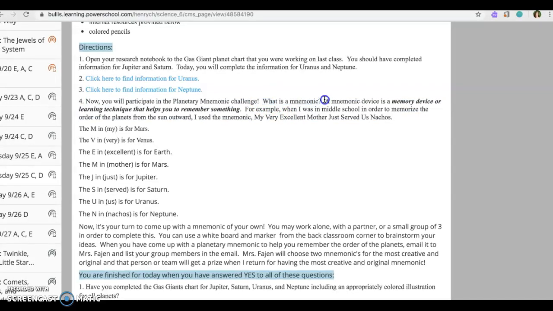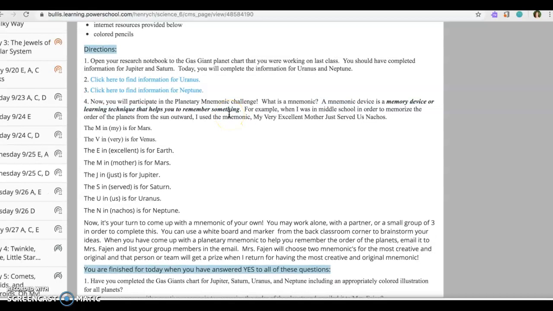I'm going to read the definition that I put right here. It says, a mnemonic device is a memory device or learning technique that helps you to remember something. So I'm asking you to come up with a mnemonic that helps you remember the planets in order from the sun outward all the way to Neptune.